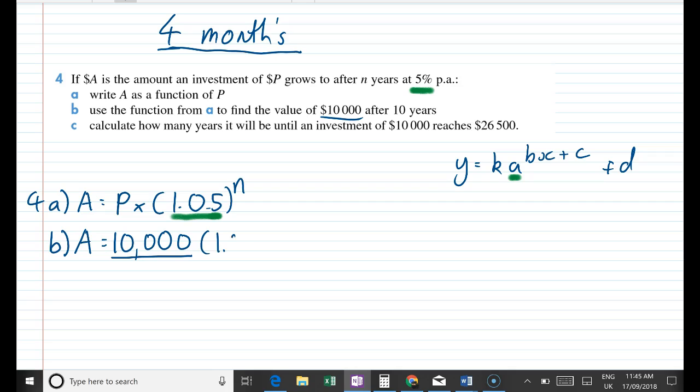So it's 1.05 to the power of 10, because n years, 10 years. Now I'll just find my answer using my calculator.